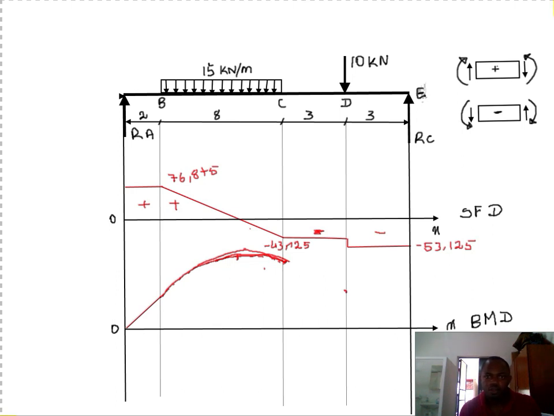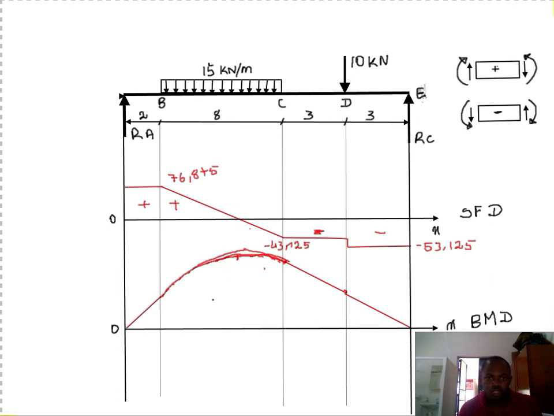So that's our bending moment. And then from D to E, also this is 0. So that is our bending moment diagram.